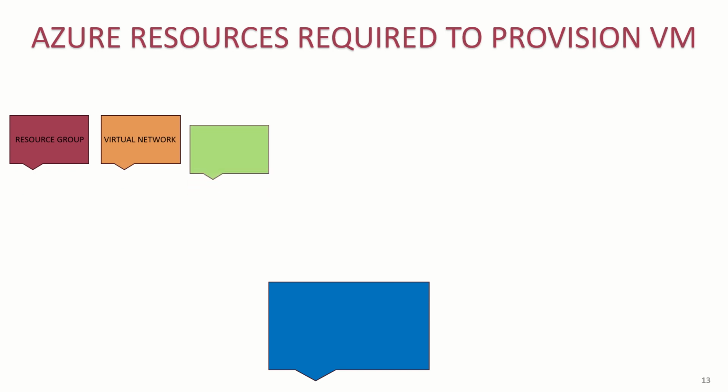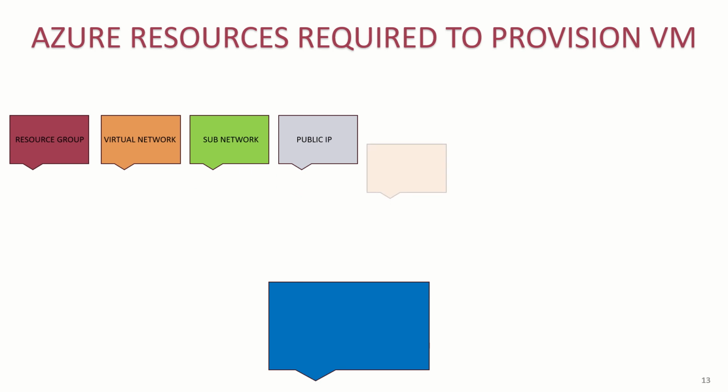Once the virtual network is provisioned, we need to create a subnetwork. Once that subnetwork is provisioned, we need to create a public IP, and once the public IP resource is also there, then we can create a network security group where we can allow ports on which that machine should be accessible. That will open using this resource.